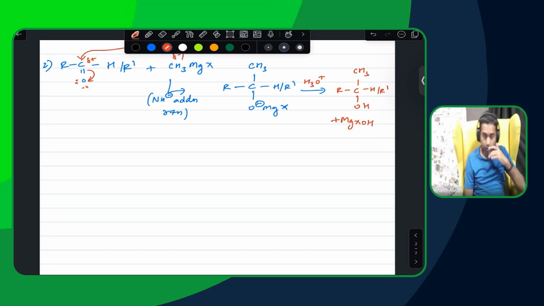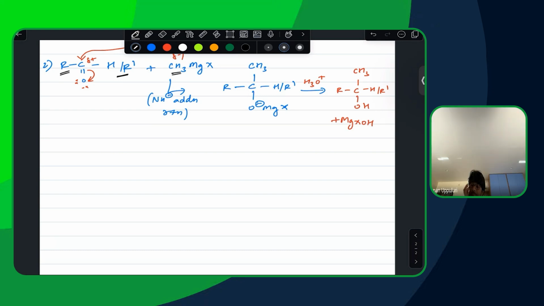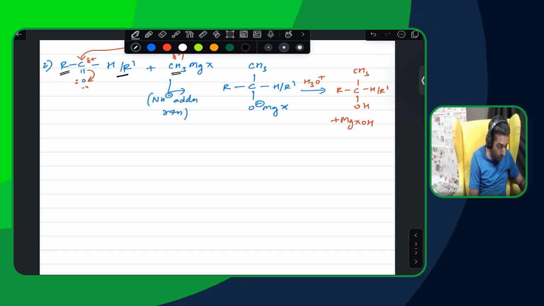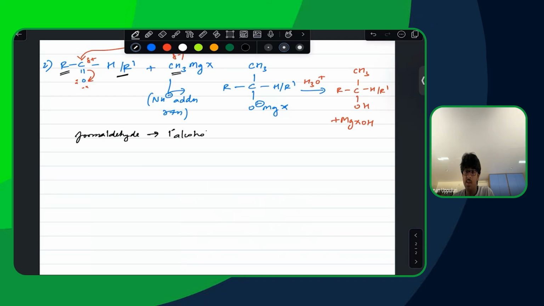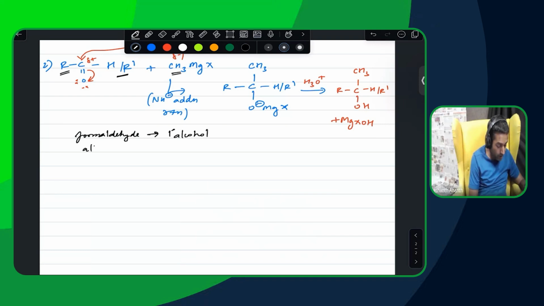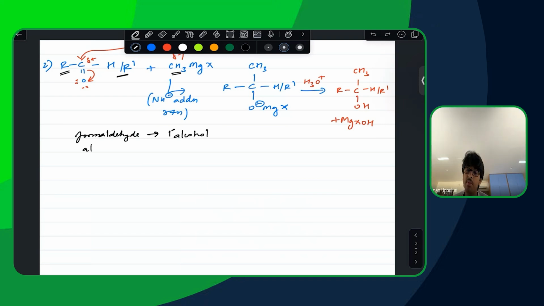So when you have this reaction happening, depending on what is present as your R or R dash and the methyl, you can get different products. For instance, if you start with formaldehyde, you'll get a 1 degree alcohol as product. If you start with any other aldehyde, 2 degree.